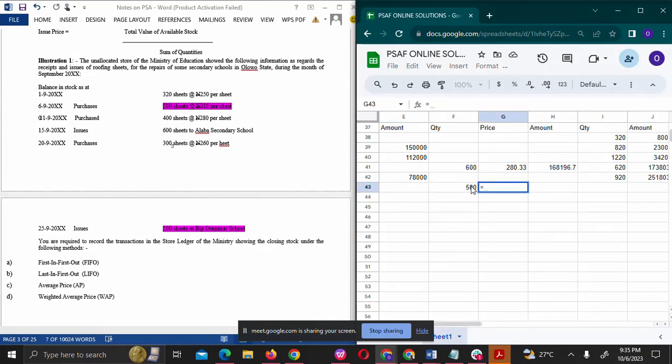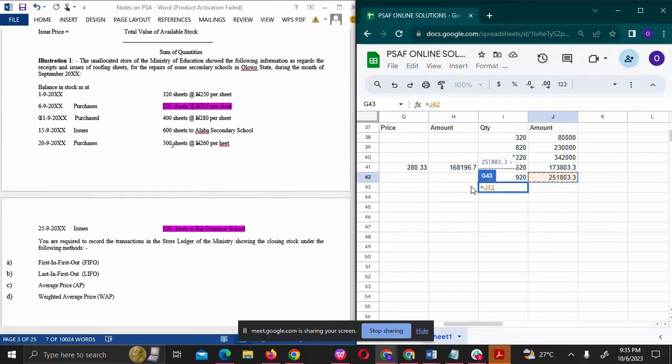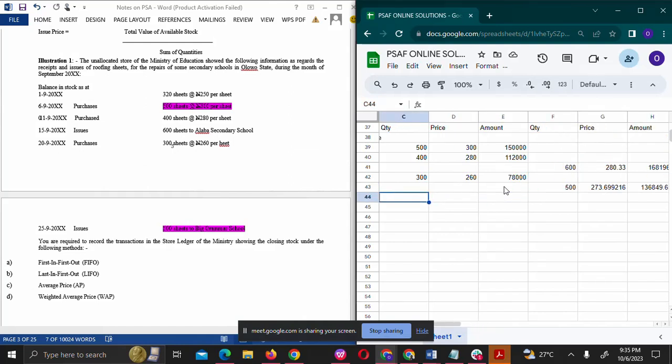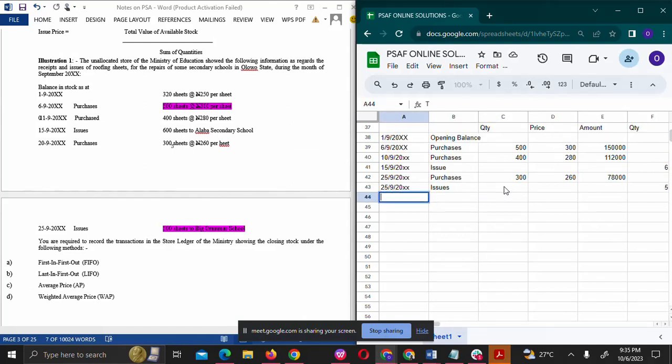In this case, it is 251,803 divided by 920, and that gave us 273.699. To get the amount, you multiply the price by the quantity, and that gave us this. So it means at the end of the day you have total.